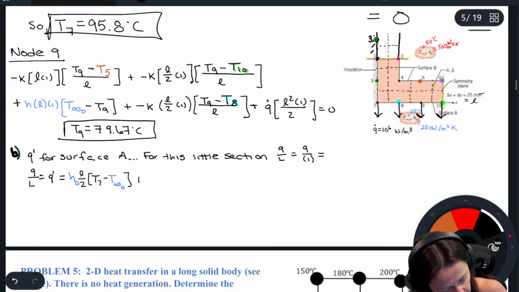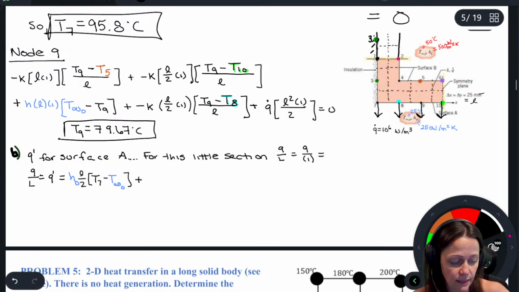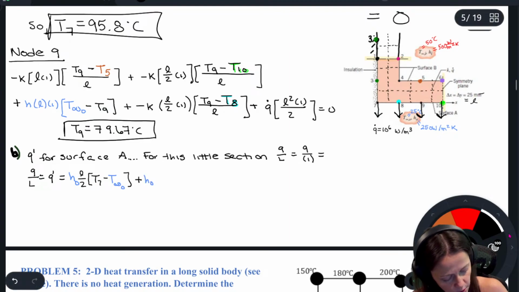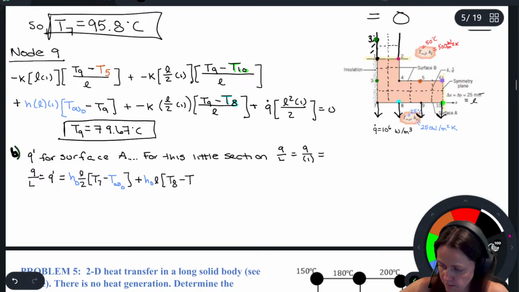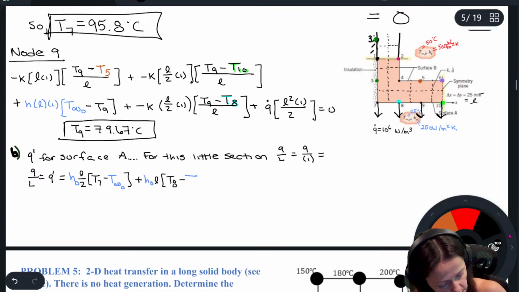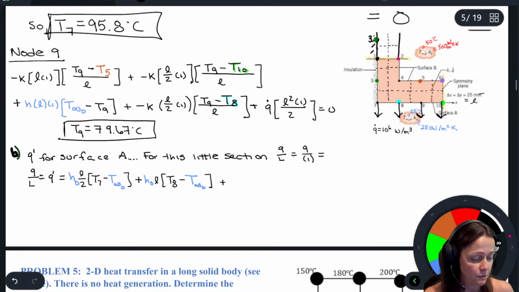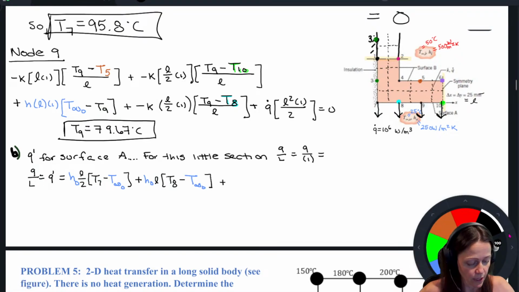Okay, plus, coming from 8, that's a full area. So it's going to be H for the outer times L times T8 minus T infinity for the outer. And then coming from 9, again, that's a full area.